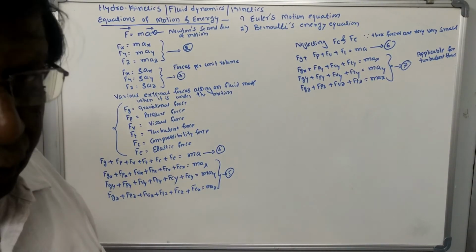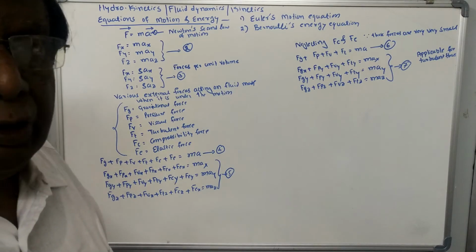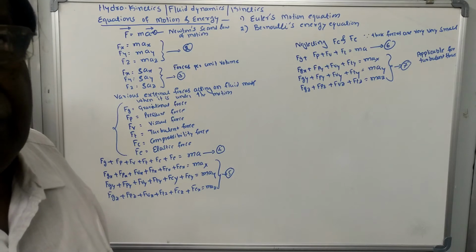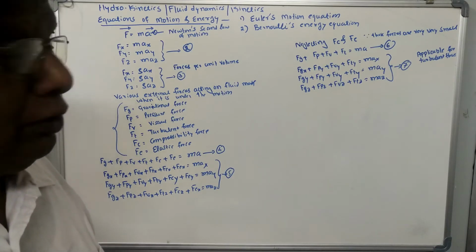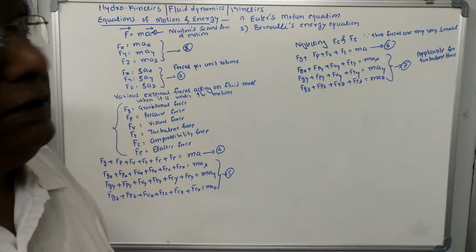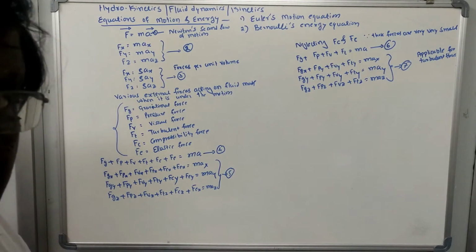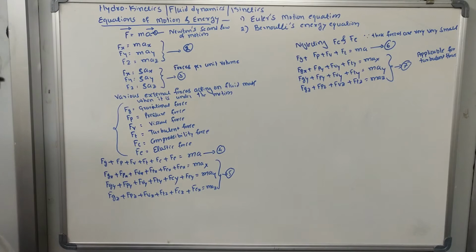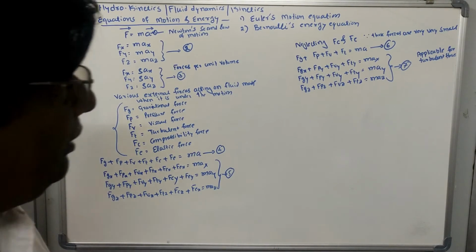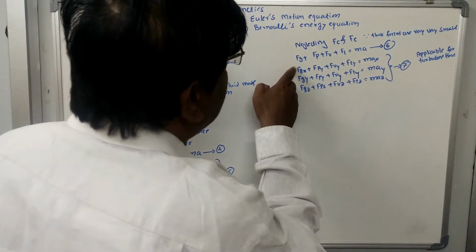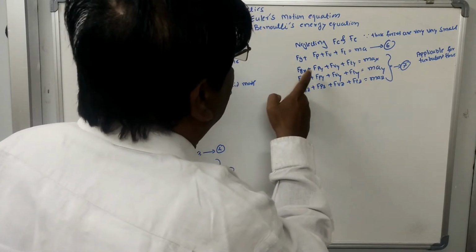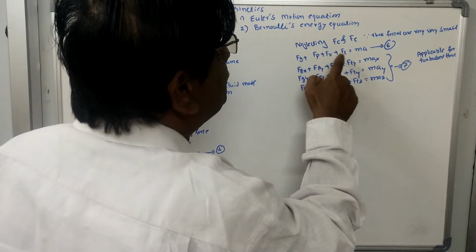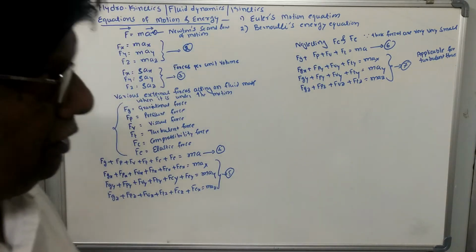You can observe the flow pattern, see how it looks. It is a very disturbed flow, known as turbulent flow. So when you are analyzing turbulent flow problems, while deriving the motion equation and energy equation, you consider all four forces: gravitational force, pressure force, viscous force and turbulent force.